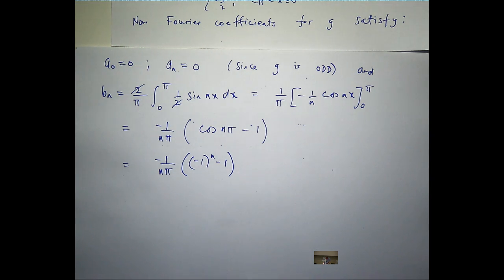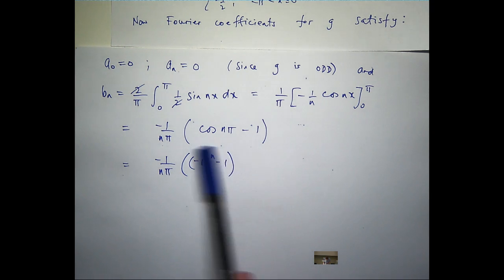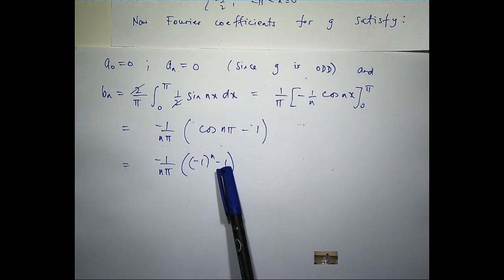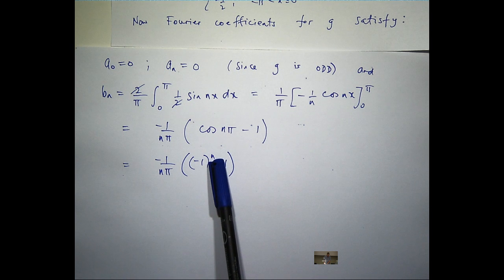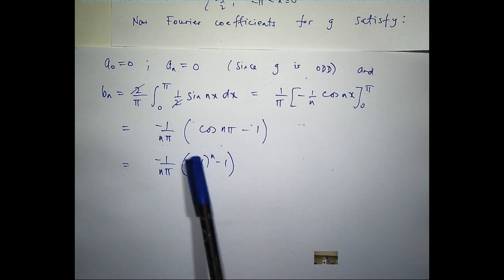Now, what will this simplify down to? We can go a step further and simplify this even more. If n's even, minus 1 to the n is going to be positive 1. So I'm going to get positive 1 minus 1.